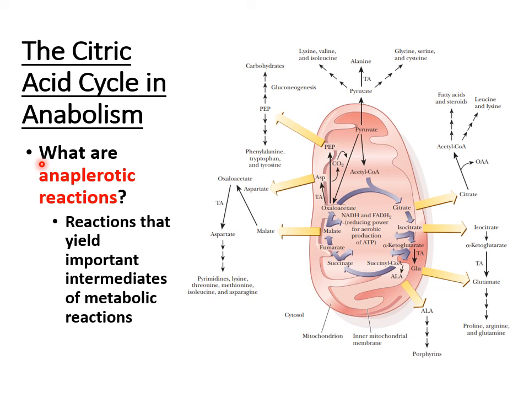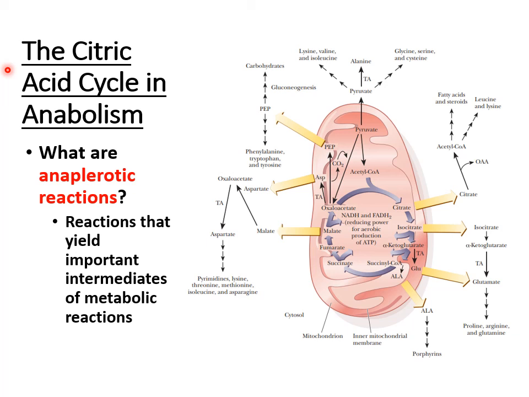So basically, if something is producing, for instance, the intermediate malate here, then that would be a reaction that's considered anaplerotic. And those reactions are basically to ensure that you always have the right supply of these important metabolites.